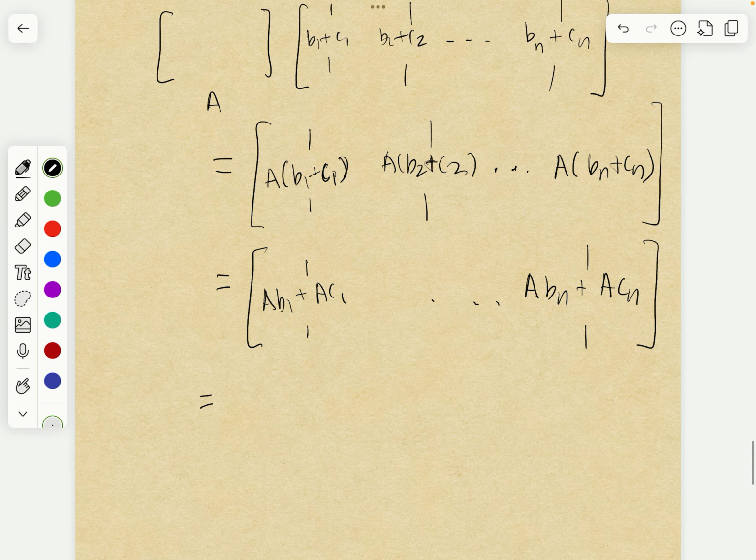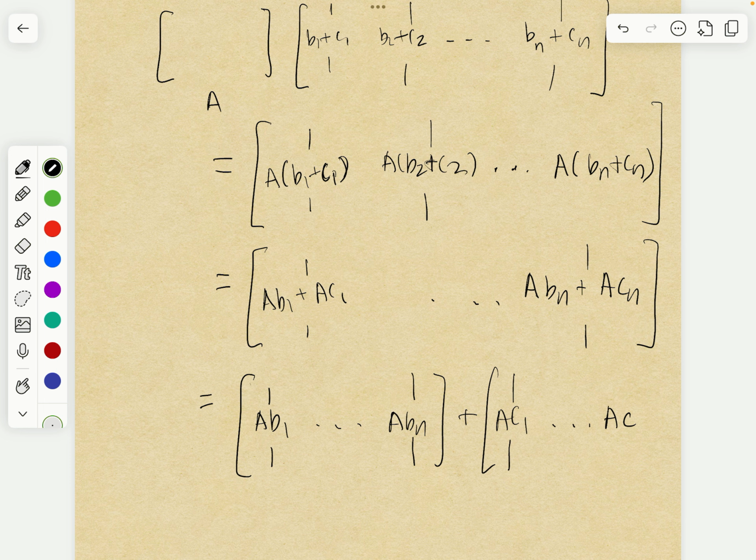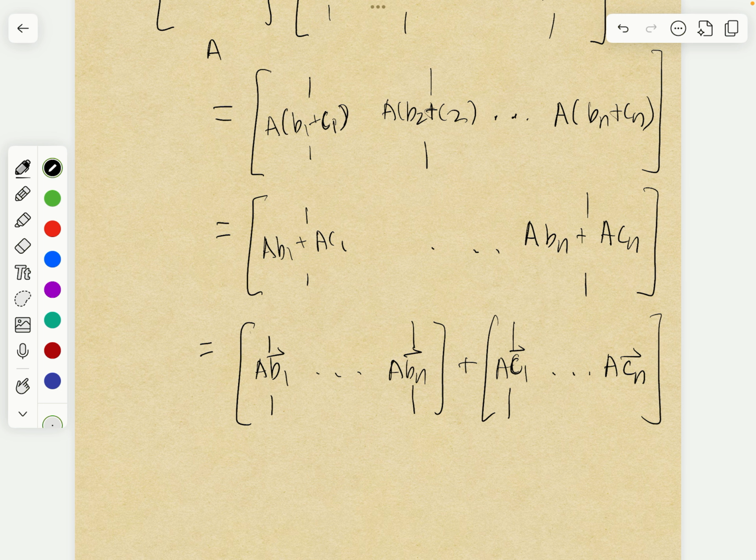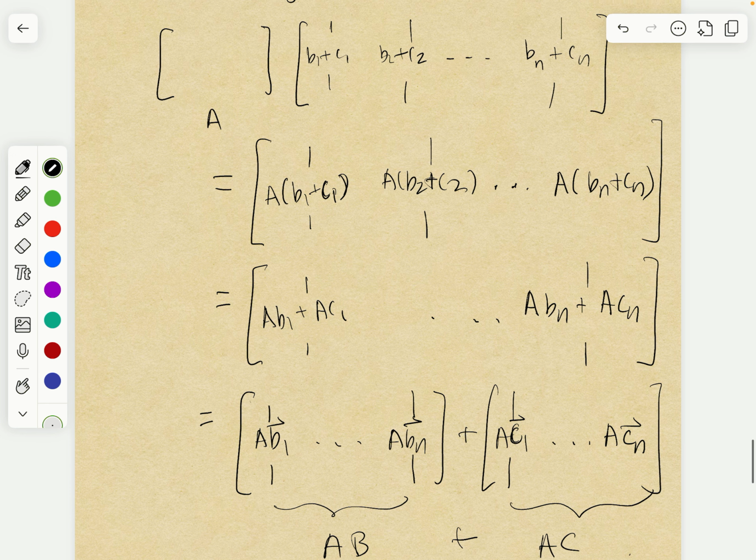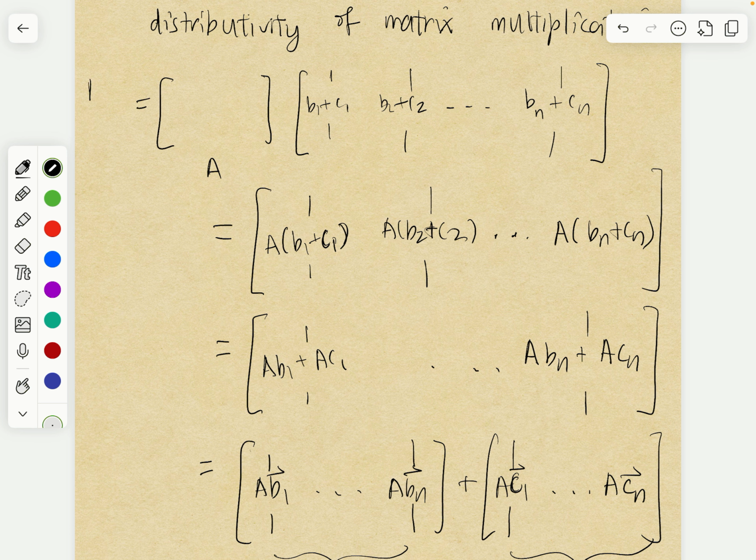And I know that that's equal, of course, to this matrix where the first column is AB1 and the last column is ABn, plus the matrix whose first column is AC1 and the last column is ACn. Then the matrix on the left is equal to A times B, and the matrix on the right is A times C. So the matrix I started out with was A times (B plus C).